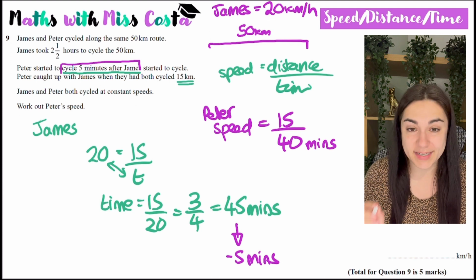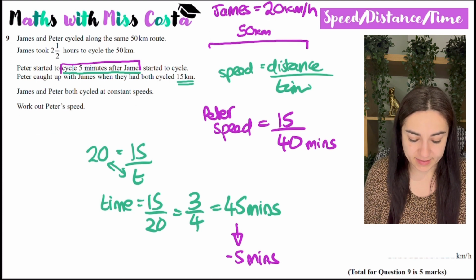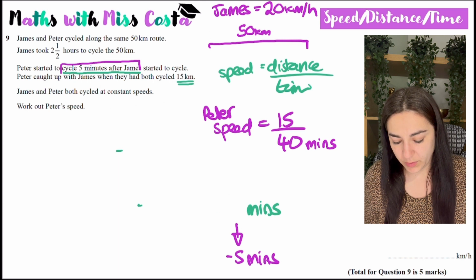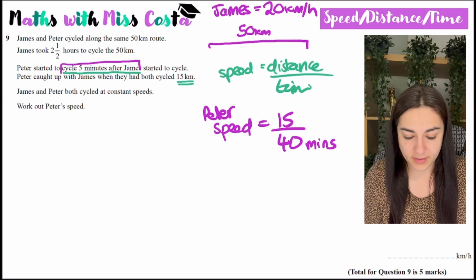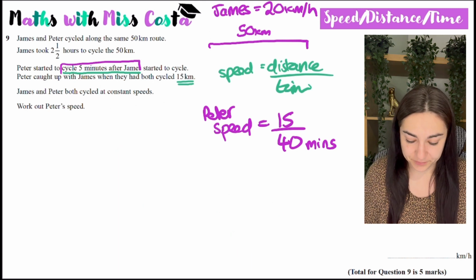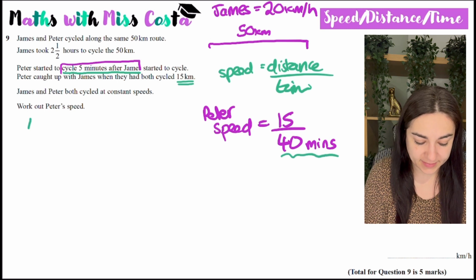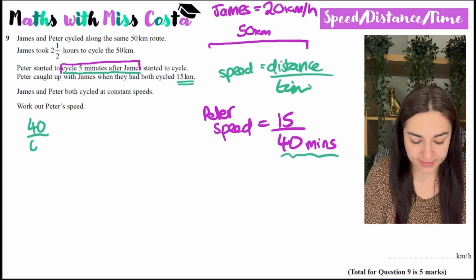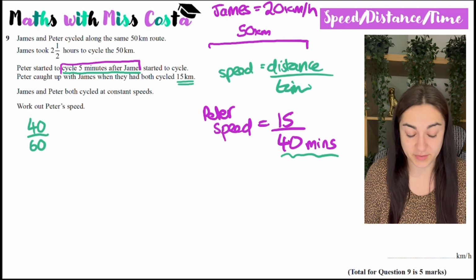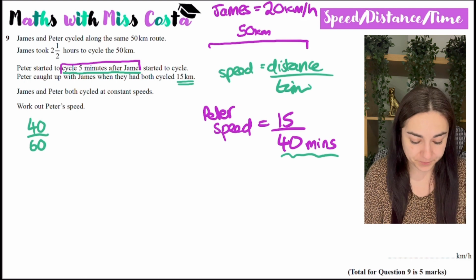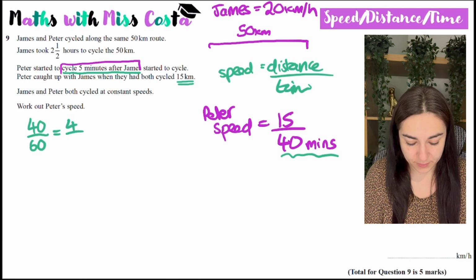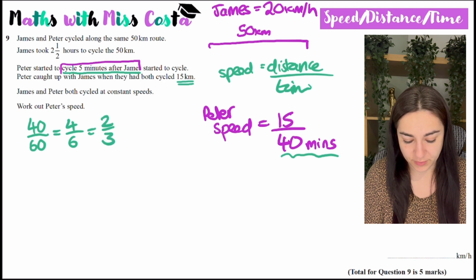But remember, when you're dealing with time and speed, you always want to write your time in terms of hours. So the 40 minutes we're going to need to turn into hours. So what you can do is write that as a fraction of an hour because there's 60 minutes in an hour. So 40 over 60 would be 4/6, which would simplify to 2/3.